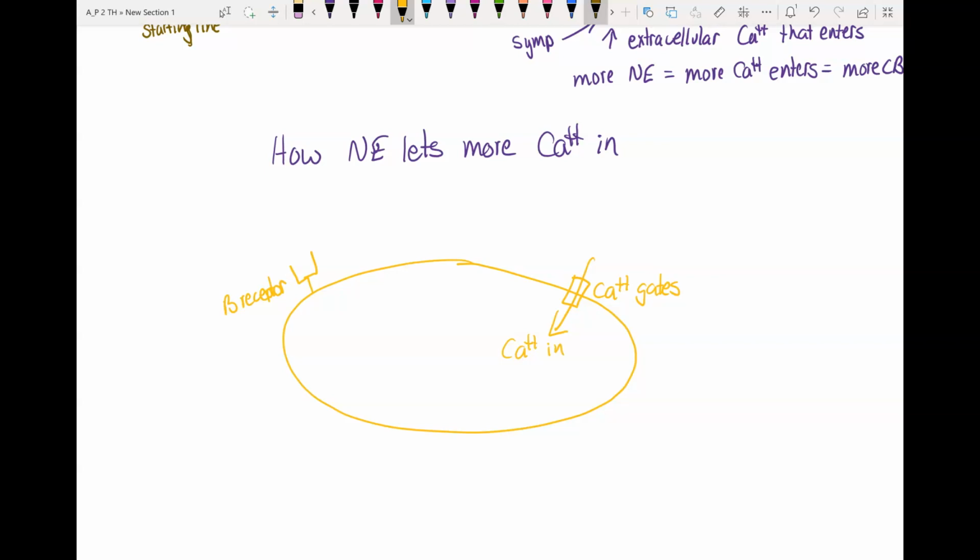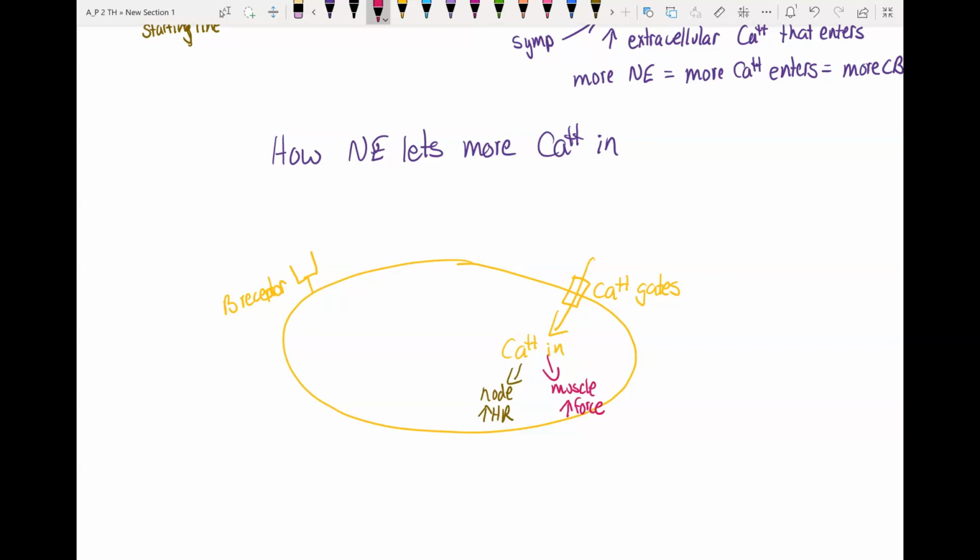Now remember, if it's a node, the calcium coming in is going to increase heart rate. If it's a muscle cell, the calcium coming in is going to increase force. But they both use the same method to let that extra calcium in.